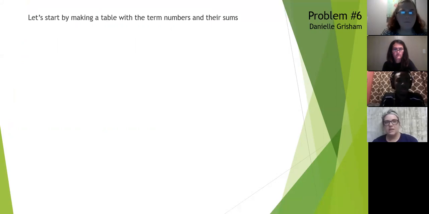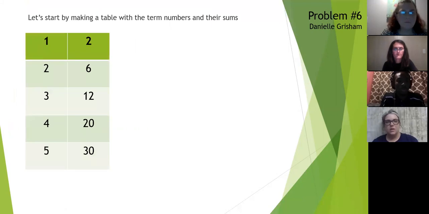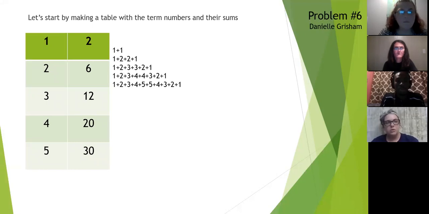And let's start by making a table with the term numbers and their sums. So if you're starting with the nth number of 1, you're going to multiply it by that second number. So your 1 plus 1 is solved to be 2 in the green on the right.